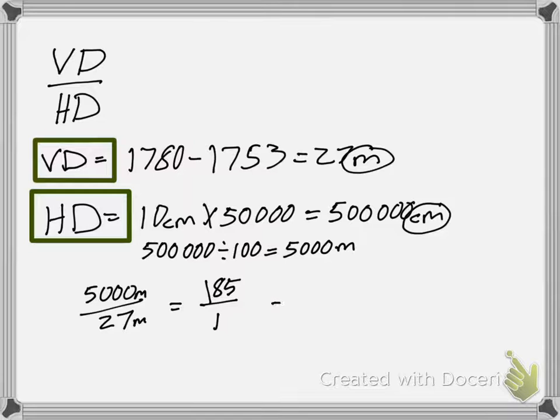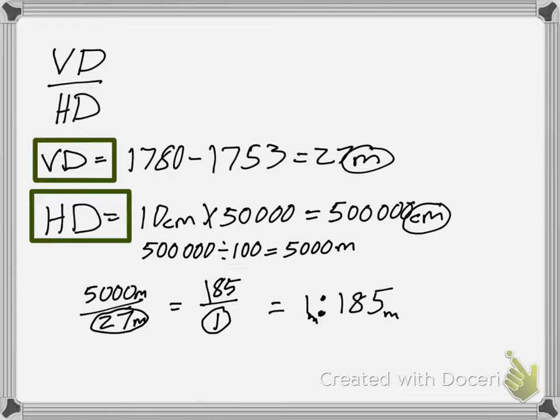Okay, so what does this mean? Now we're going to put it as this. Remember our unit, technically this is still meters and that's still meters. So this means for every meter that we go up, because remember 1 comes from the 27, and our 27 of course comes from our VD answer.